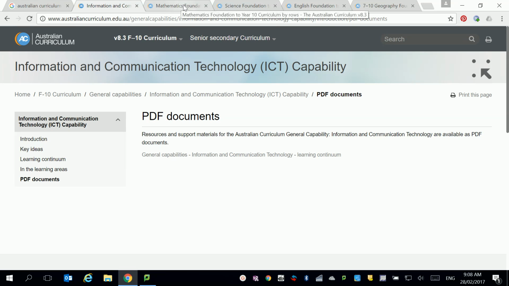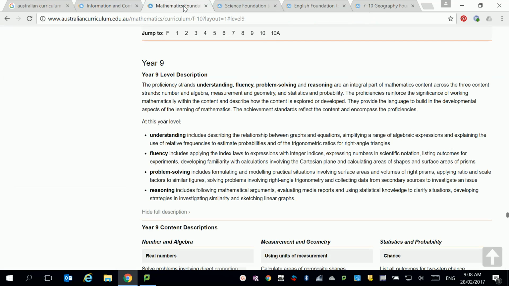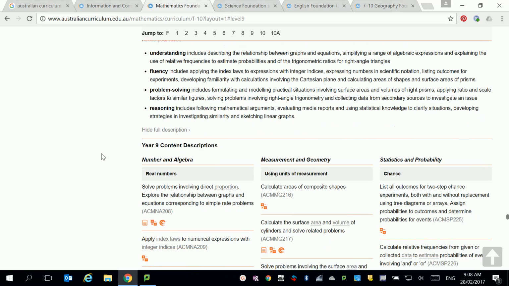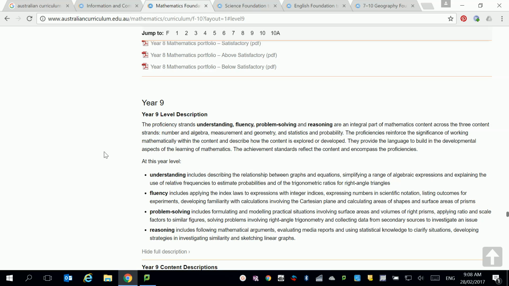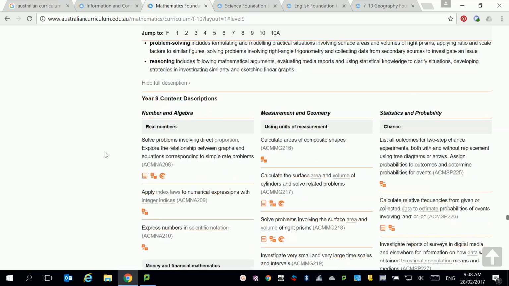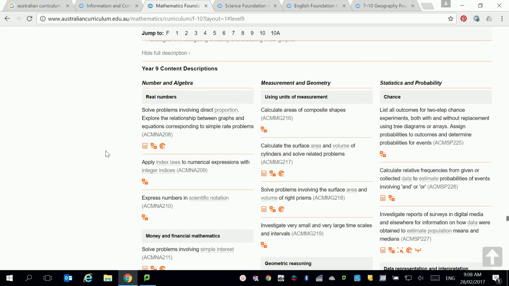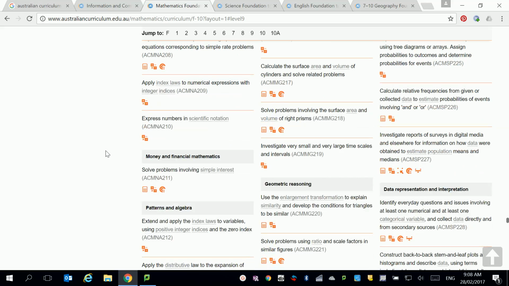So if you are a mathematics teacher, and I'm just going to look at year 9, when you have a look here at the standards and the syllabus, you are looking for this little icon here.